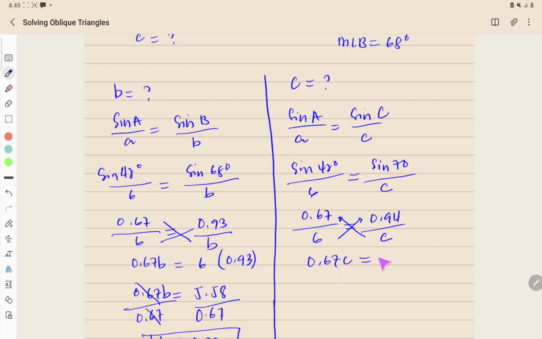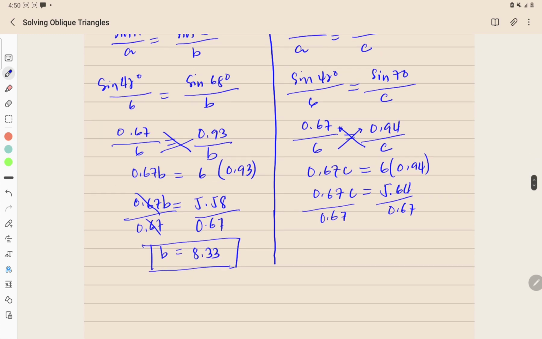So we have 0.67c is equal to 6 times 0.94. Multiplying that, 0.67c is equal to 5.64. So divide both sides of the equation by 0.67.